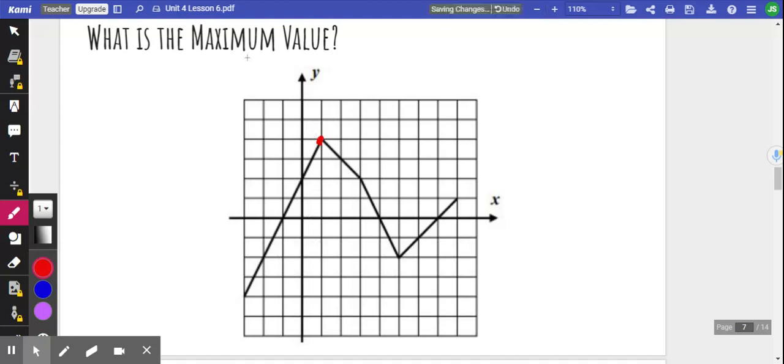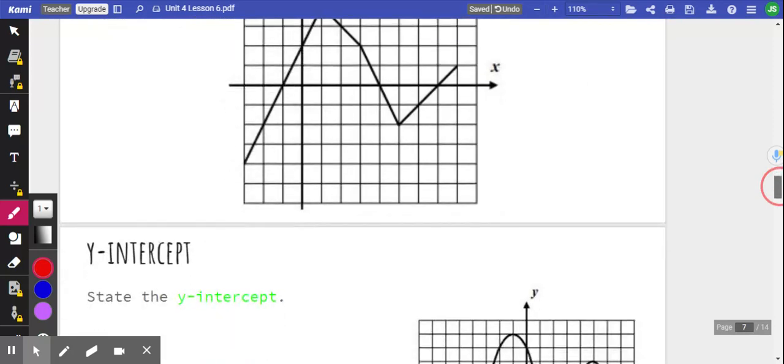When we want to know the maximum value, we want to know the y. This graph went up to 1, 2, 3, 4. So 4 is that maximum value. And we're going to see this graph again in a couple minutes.